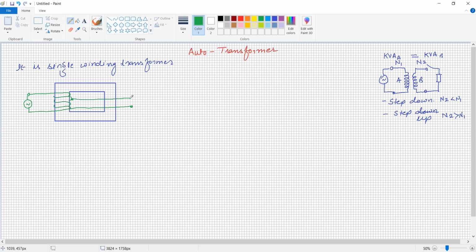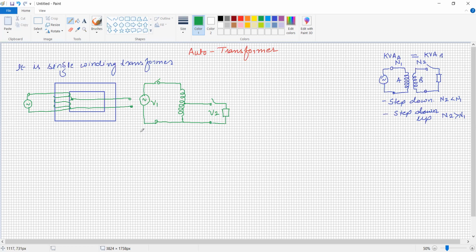So this is the total winding which is connected with the source, and the secondary terminal is connected at maybe a tap, or some physical or ohmic contact. This is the voltage V2, this is the voltage V1. The source is connected over here, and on the second side the load is connected. So now it works as a step down transformer.